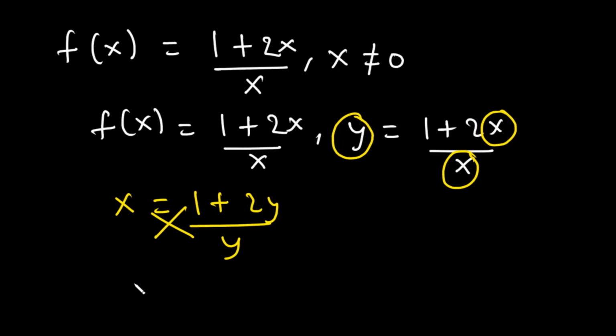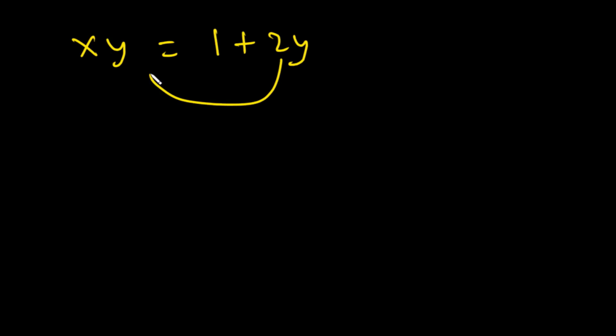Then we cross multiply. So x times y is xy, which is equal to 1 plus 2y. Because we want to make y the subject, we need to transpose 2y to the left hand side. So it's going to be xy minus 2y is equal to 1.